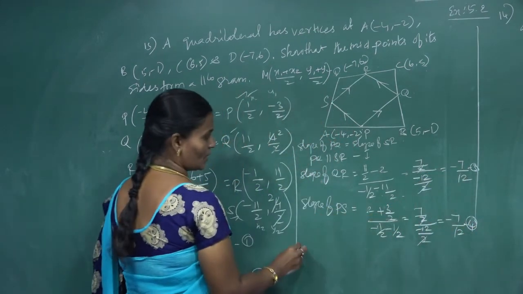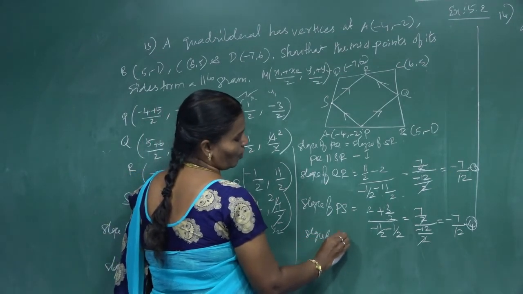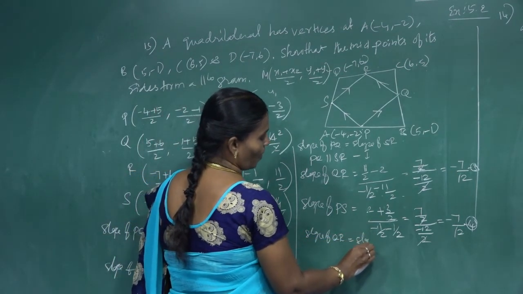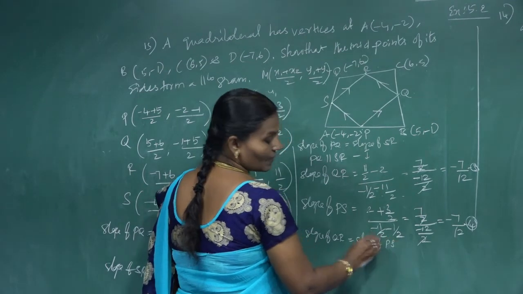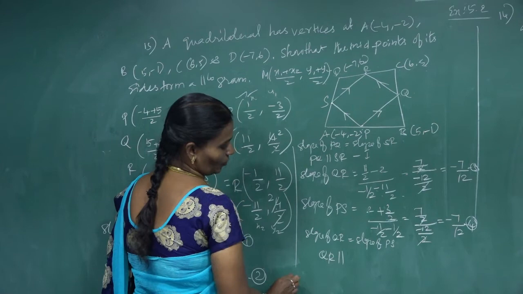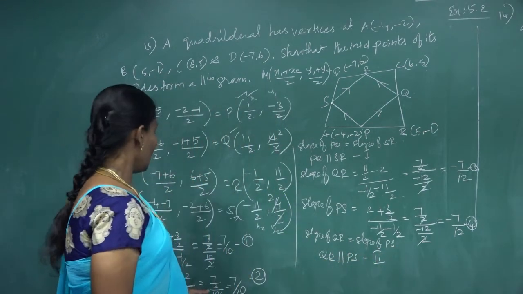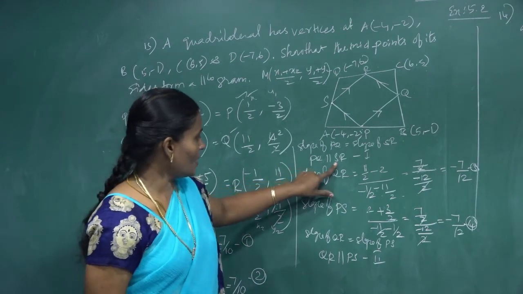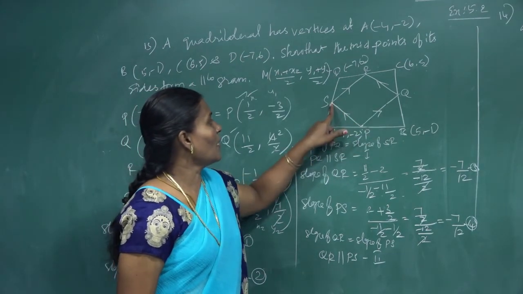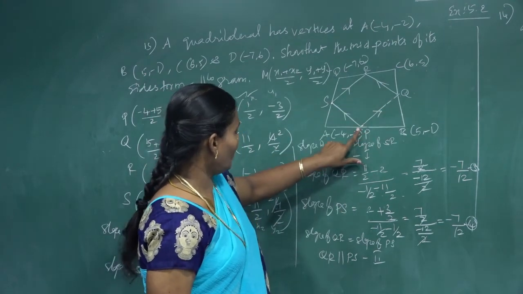Okay, now compare these 3 and 4. So what we get? Slope of QR is equal to slope of PS, isn't it? Therefore, QR is parallel to PS. This is the second result. Now compare these two results. So first result, PQ is parallel to SR. And the second result is QR is parallel to PS.